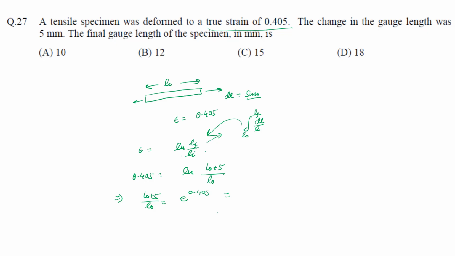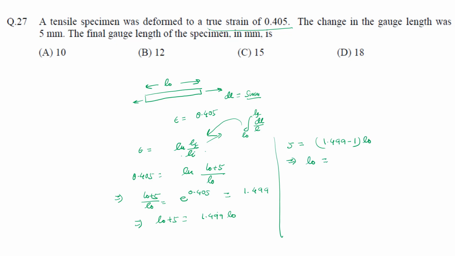Okay, do this calculation. It is 1.499. Now from this we have to calculate l naught, right? So this implies l naught plus 5 is equal to 1.499 l naught. So 5 is equal to 1.499 minus 1 times l naught.